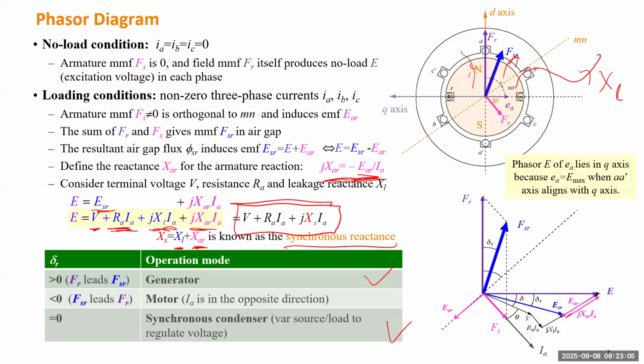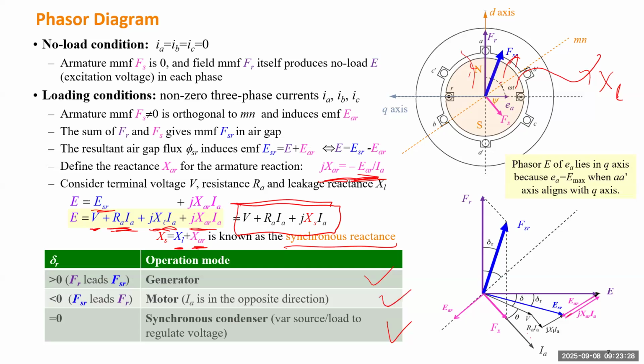So with this 0, there's no real power, but it can still deliver reactive power, which means the voltage may not be exactly equal to this E. They may be either longer or shorter, depending on whether you want this generator to generate or consume reactive power. Anyway, that's called synchronous condenser mode.